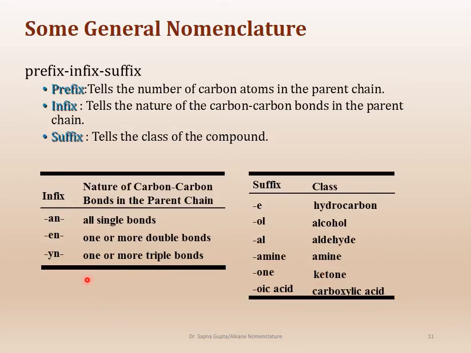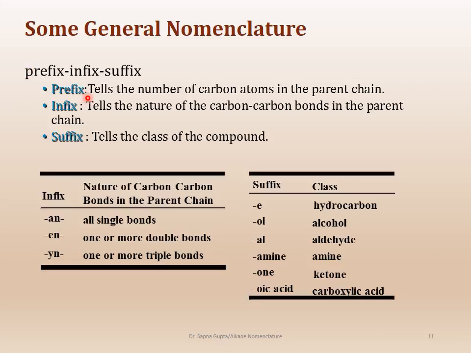Not a whole lot, but at least you should be familiar with it. So the next few slides are just to make you familiar with all organic nomenclature. So when you come across something, you're not completely shocked, okay, as to what is this? I've never seen this before, okay? So I don't want you to think like that. I want you to take it systematically and then figure out what these names are, okay?